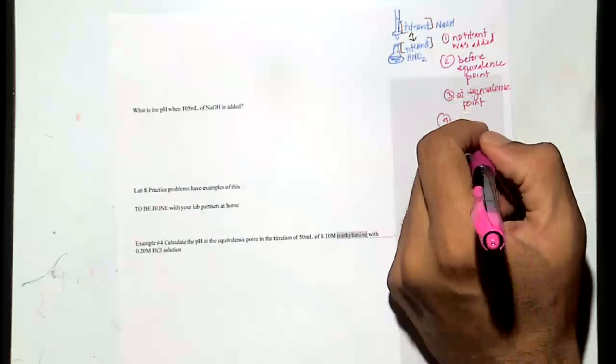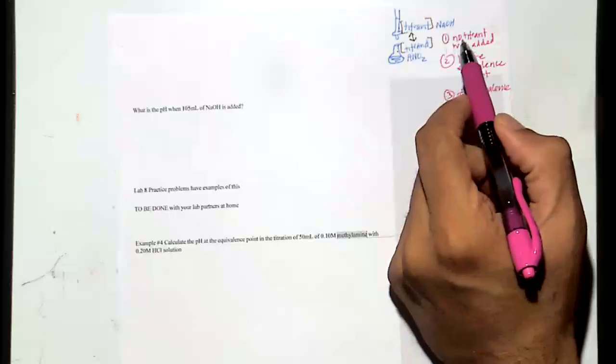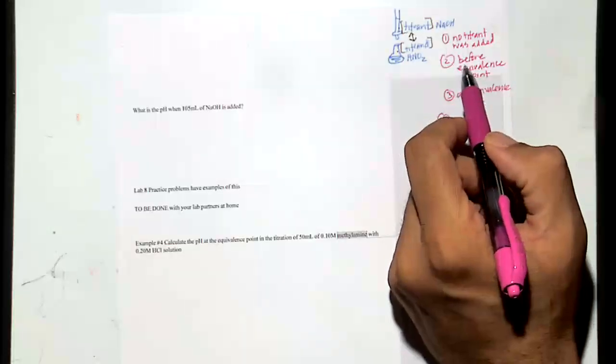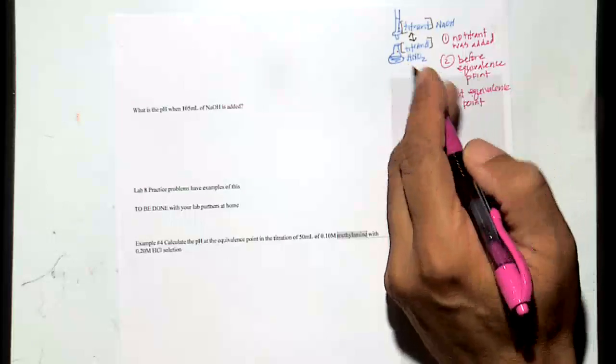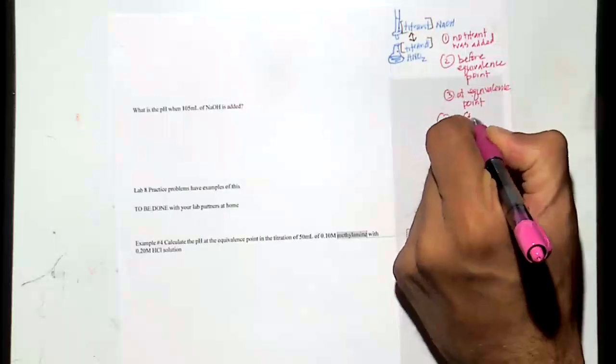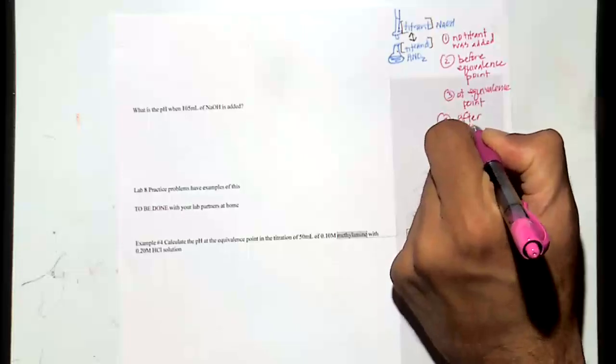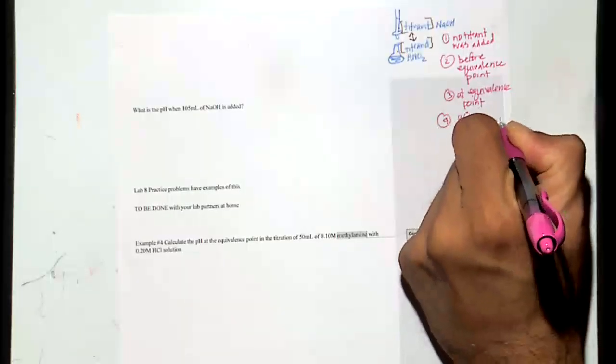The fourth and final phase of this titration is not when no titrant is added, before the equivalence point, or at the equivalence point. What do you guys think comes next? Okay, after the equivalence point.